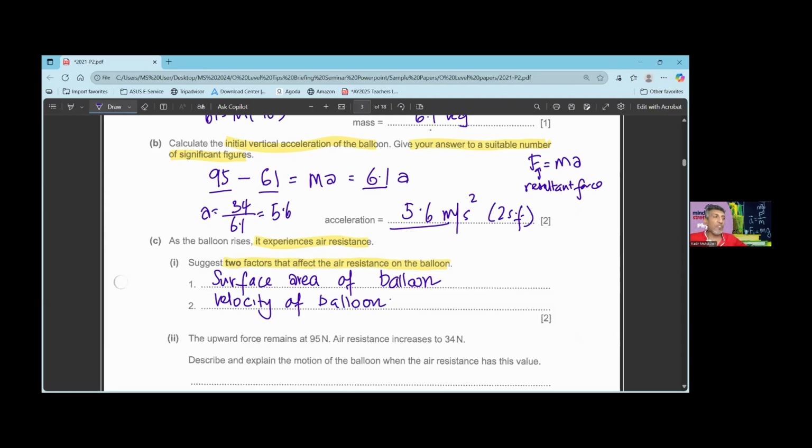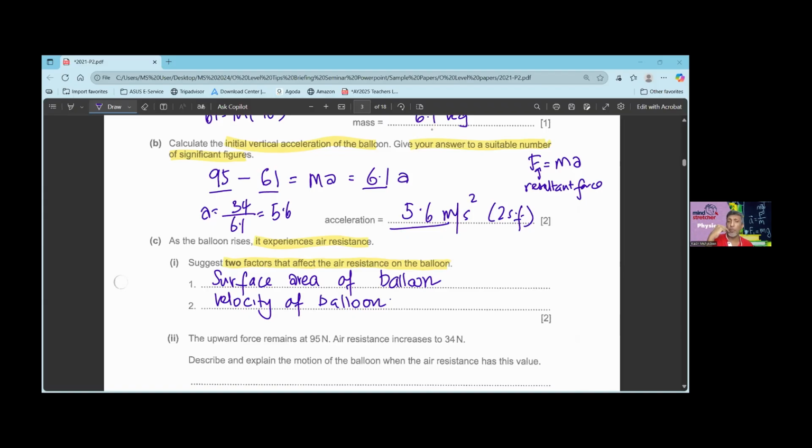Okay, guys, when we run faster or we cycle faster or the car goes faster, the air resistance is greater. Aerodynamic shape, yeah, technically you are right. But I think for this question, we are looking at something more direct and simpler answers.